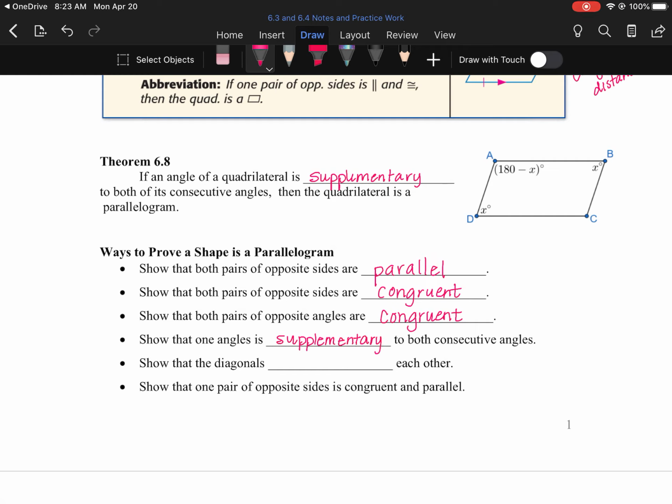Remember, supplementary is equal to 180 degrees. We could show that the diagonals bisect each other. And finally, we could show that one pair of opposite sides is congruent and parallel. I will say that typically this is the way most students prefer, or they prefer just showing that opposite sides are parallel.